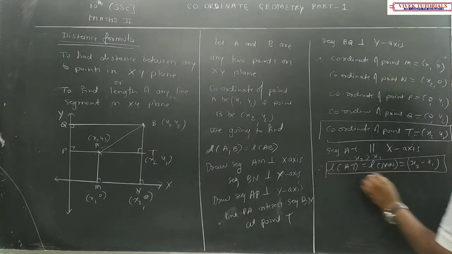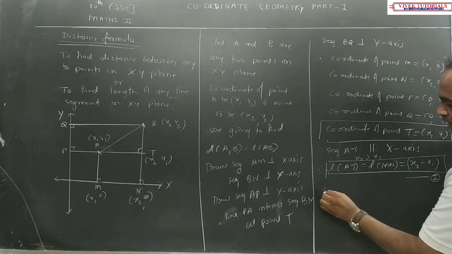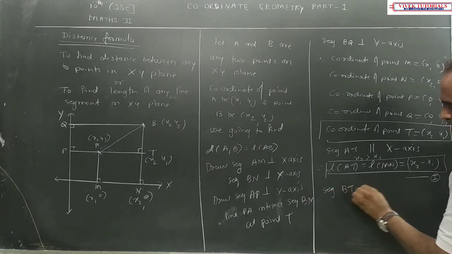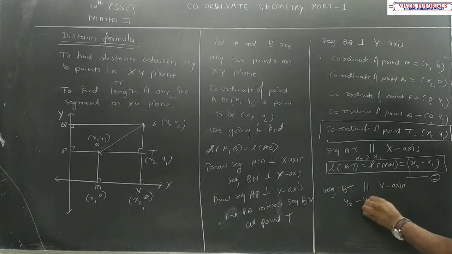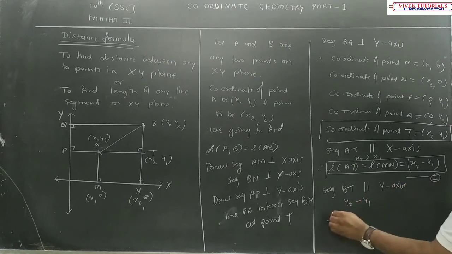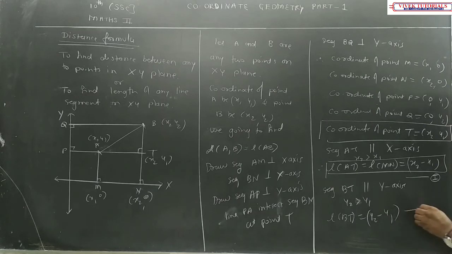This I will take as equation 1. Okay, and segment BT is parallel to the y-axis. Again, y2 is greater than y1. So length BT is equal to y2 minus y1. This will be equation number 2.